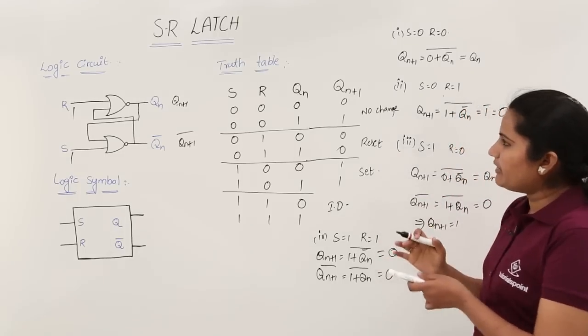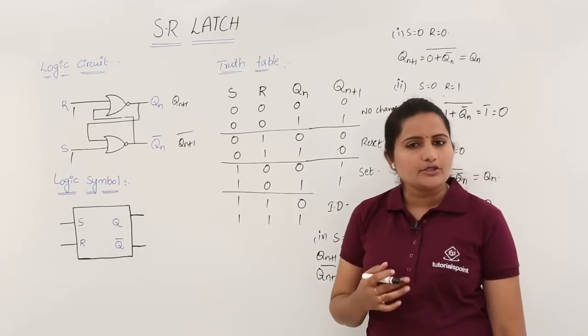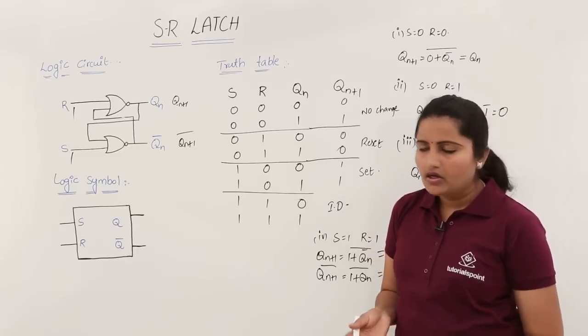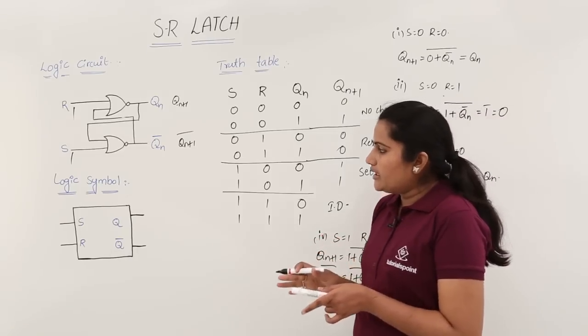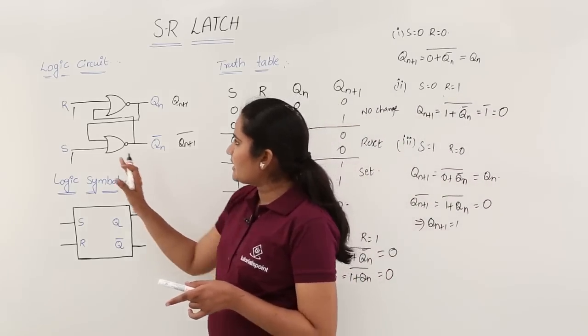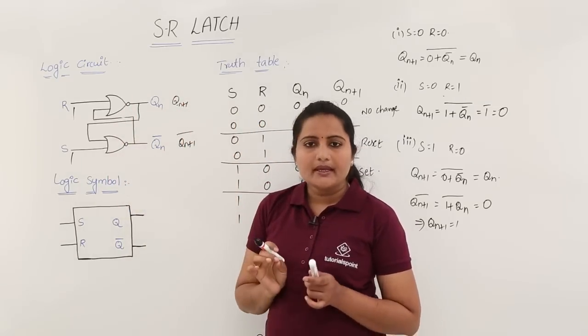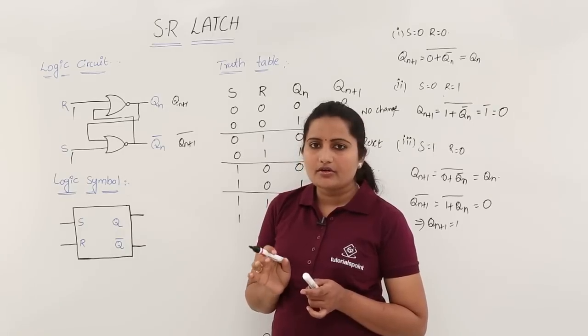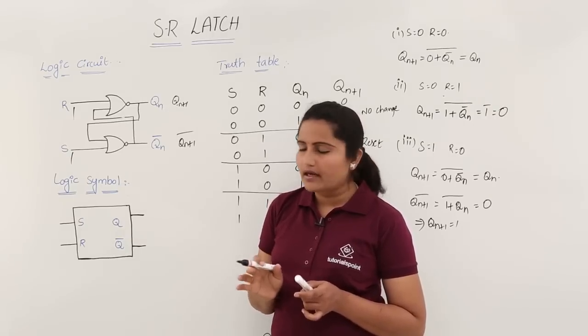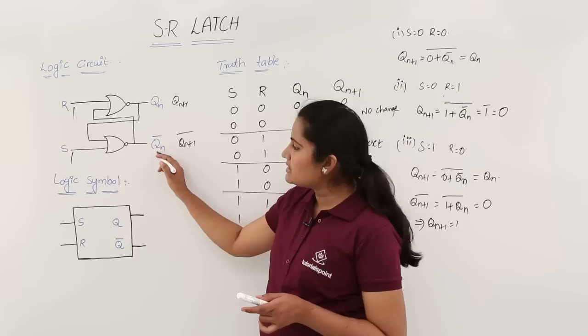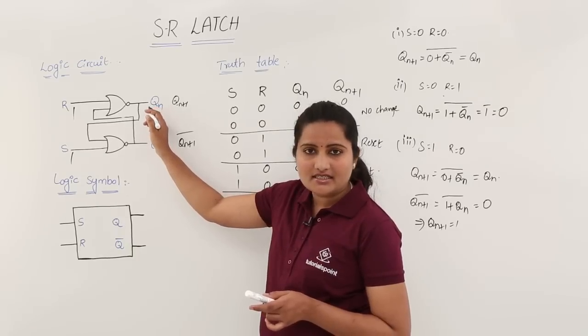In the same way, we are going to design the SR latch by using NAND gates also. You only have to do one thing, that is every time you need to see the next state. People are obviously going to get confused, thinking this is the next state and this is the present state.